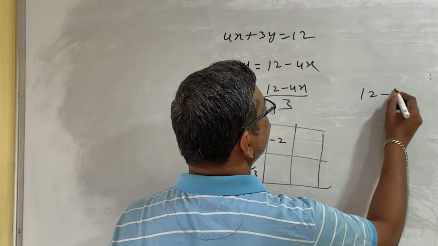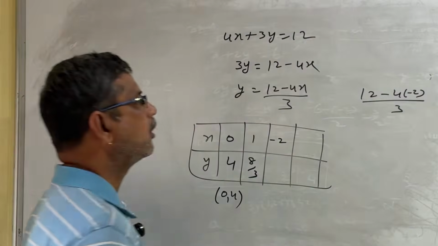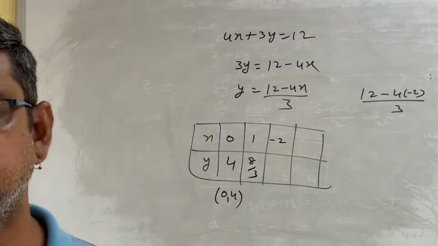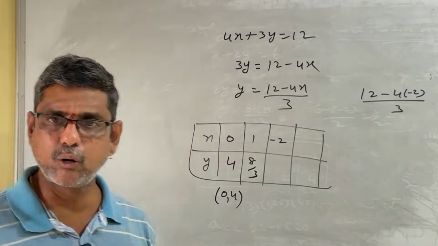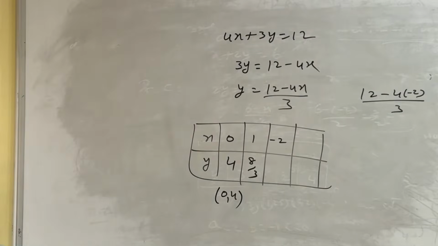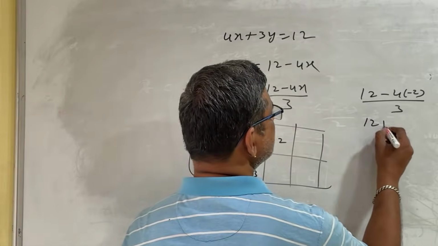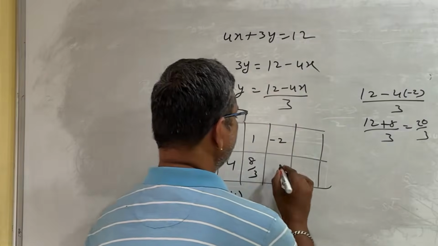12 minus 4 times negative 2, by 3. How much will it be? 12 plus 8 by 3. 20 by 3.